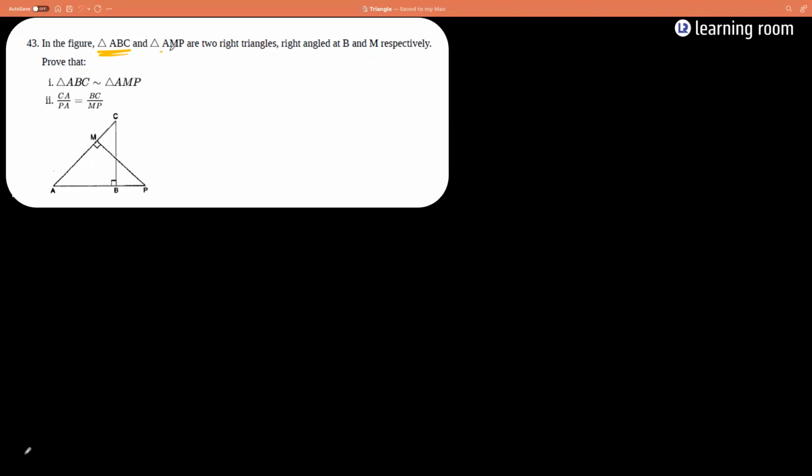In the figure, triangles ABC and AMP are two right-angled triangles, right-angled at B and M respectively. Prove that they are similar. Sir, by AA criteria, they both are similar. ABC and AMP. So angle A is common, and angle M and angle B are 90 degrees.